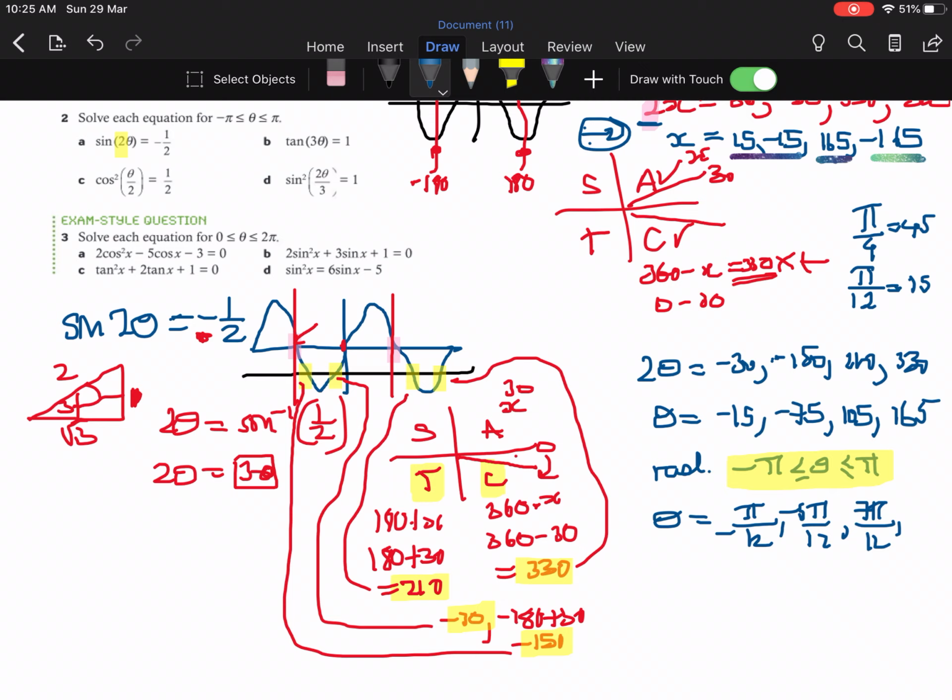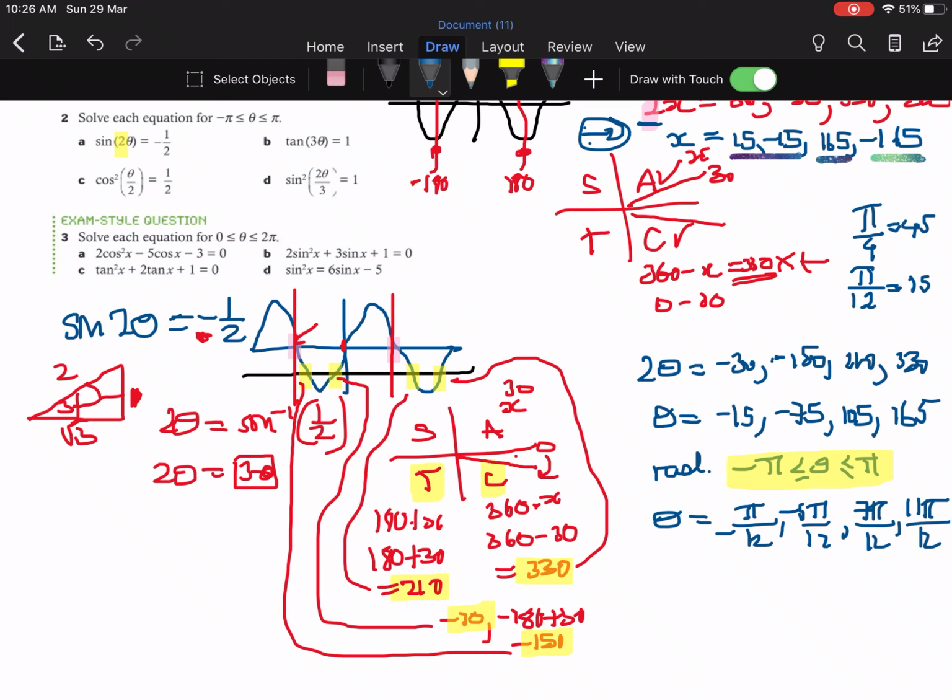And 165 is going to be 11 times 15, which is 11 pi by 12. So yes, I like to work in angles and then change it back into radians. Some of you might be able to just compute it in radians. That's great. It's up to you.